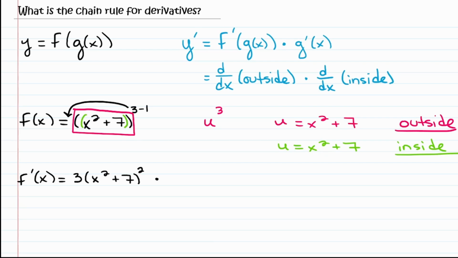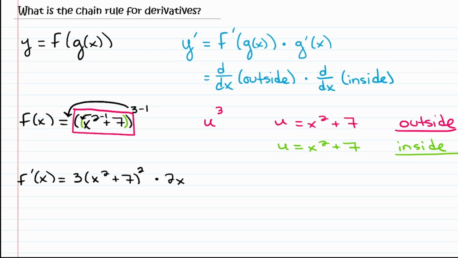And then we multiply by the derivative of the inside, x squared plus 7. Again, we have a power rule, so we bring the 2 out front and subtract 1. And what's the derivative of a constant? That's just 0. So the derivative of x squared plus 7 is just 2x.